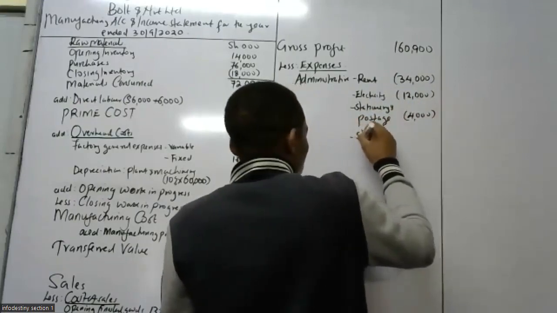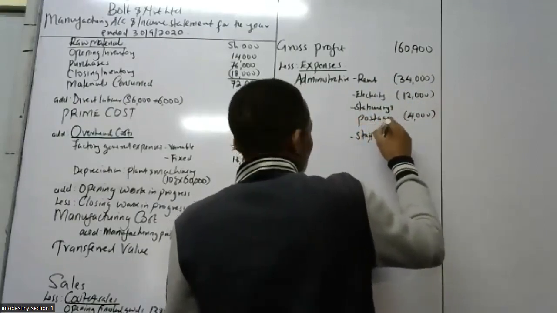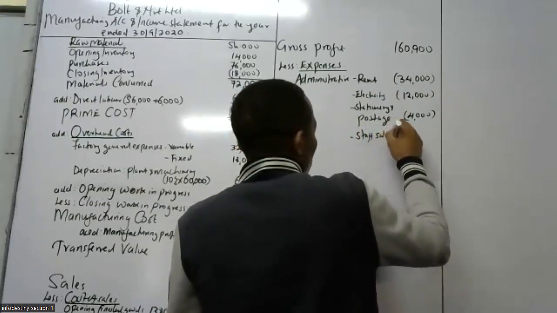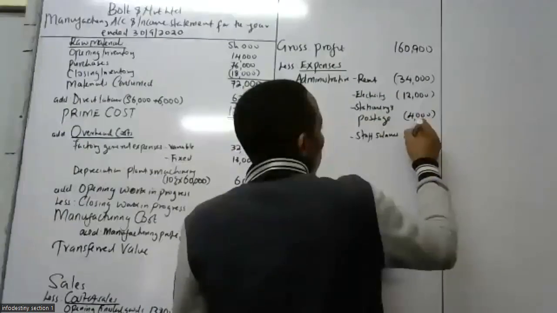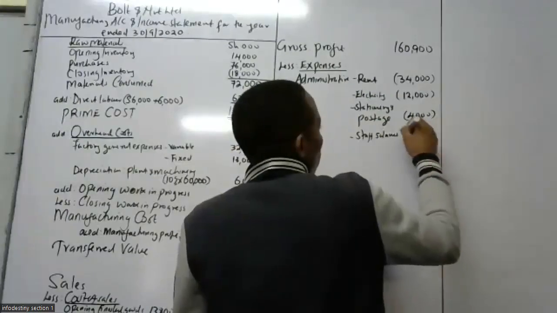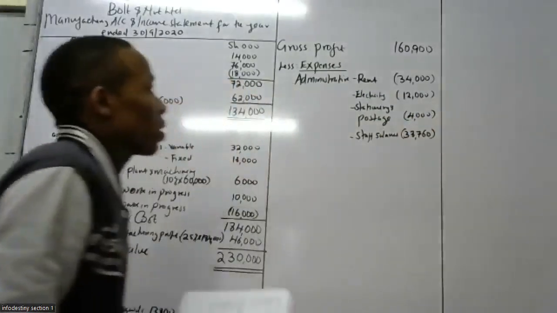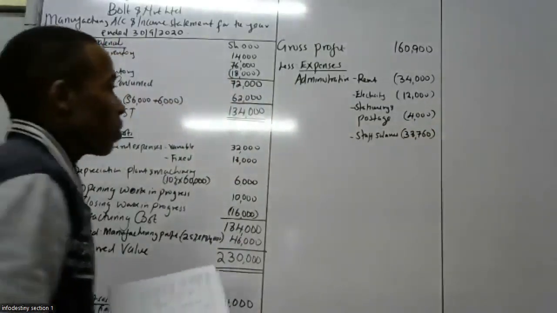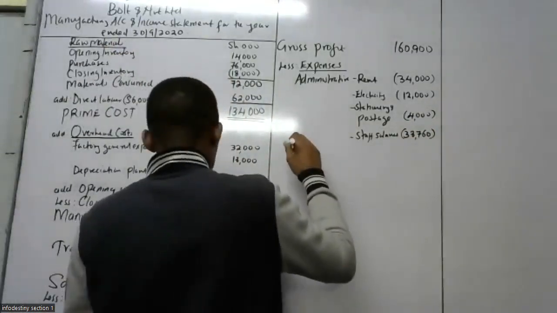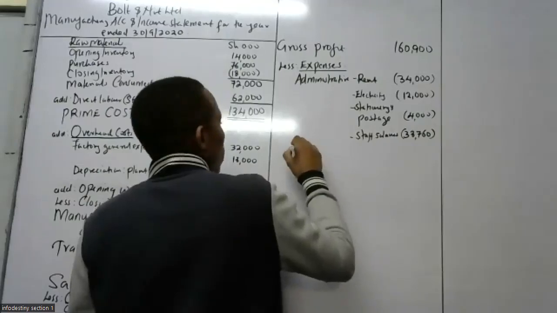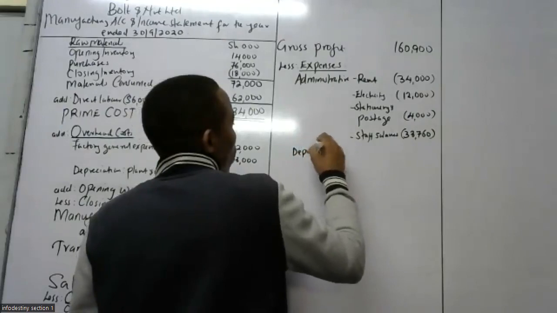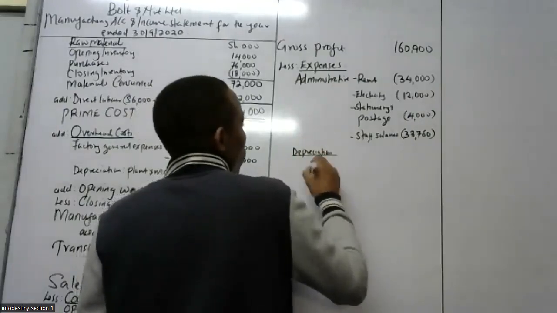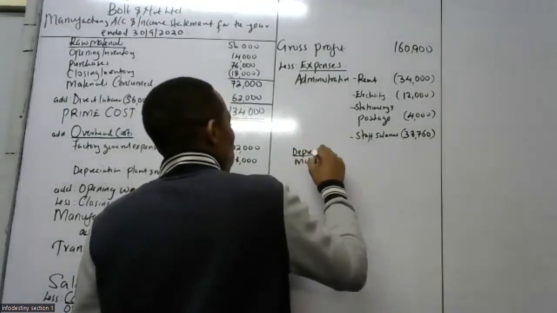Then we have staff salaries, 38,760. Then we calculate depreciation for motor vehicles.